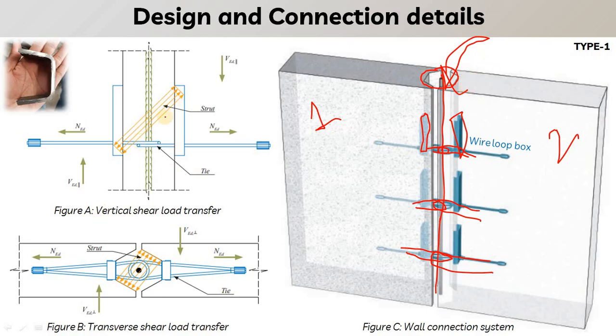Here you can see how the forces are transferred in between. This is very common, and it is a very useful connection for panel to panel connection. On the top figure you can see one of the samples for making the groove on the panel.